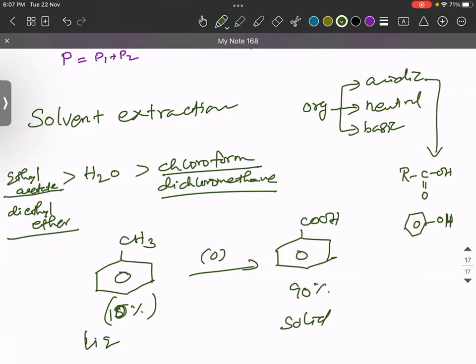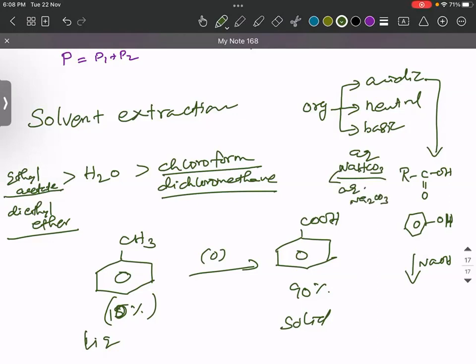So once it is acidic, if you put sodium hydroxide, it can react. Okay, because phenol is a weak acid and carboxylic acid, compared to phenol, is a strong acid. Okay, and then it will dissolve in aqueous sodium bicarbonate or aqueous sodium carbonate. That means that salt will be dissolved in that.